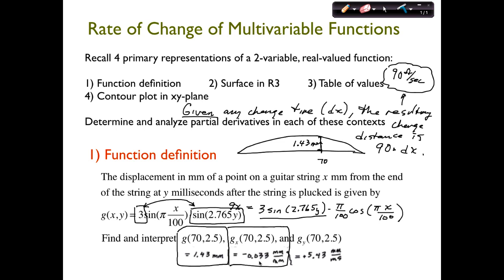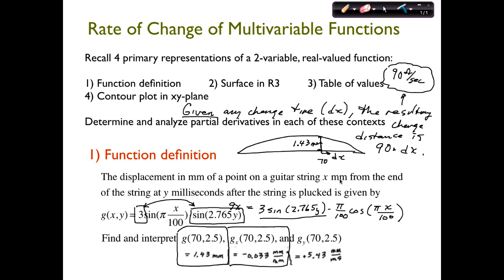It's the partial with respect to x, right? That's our independent variable. So we're going to have a little change in x from 70, dx. So, given I'm at 2.5 milliseconds and 70 millimeters down from the end of the string, I'm going to let x change a little bit. I'm going to do a little change in distance down the string.